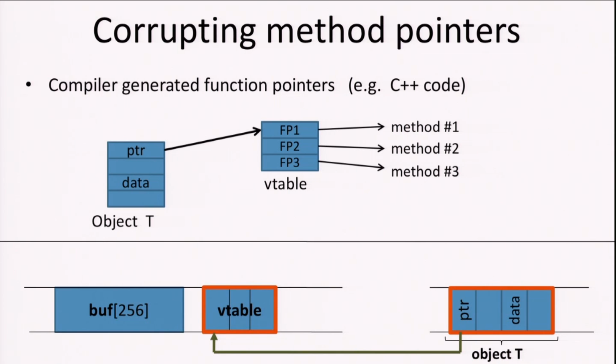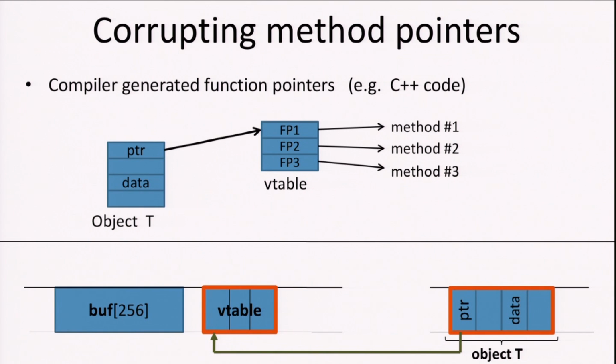Another thing you can do is corrupt method pointers. Method pointers are pointers to methods, and in C++ you have virtual functions. When you derive a class from another class and you want to invoke a different function with the same function name for an instance of the derived class, you declare the function to be virtual.